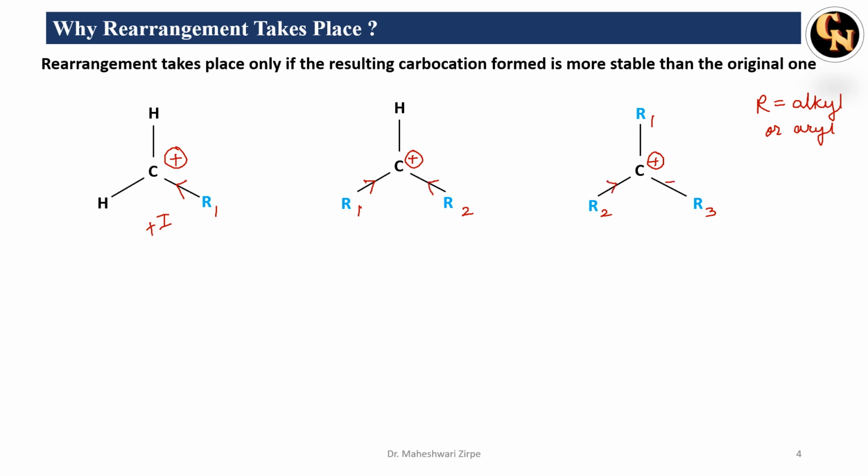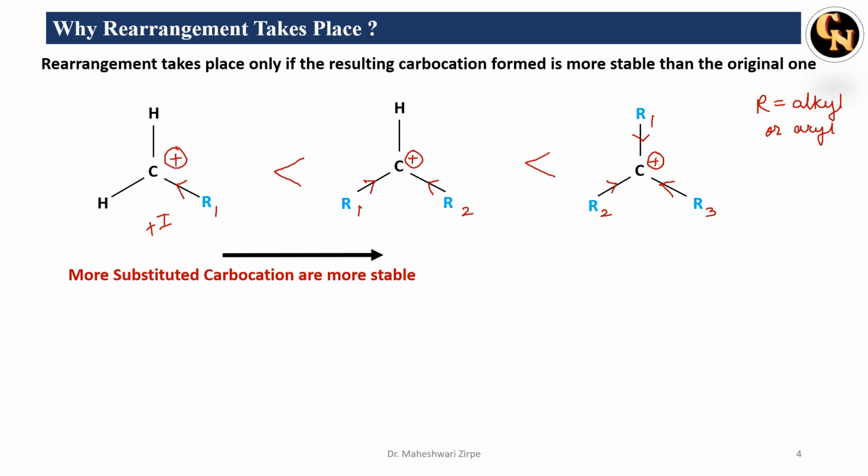Then in the third case there are three R groups, so the carbocation in the third case will be stabilized more. That means the more the substituents, the more is the stability. So the stabilization order will be like this. The last one, which has all three R groups, will be more stable than the first one.